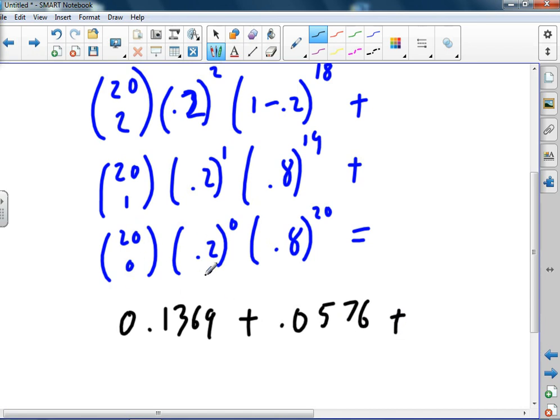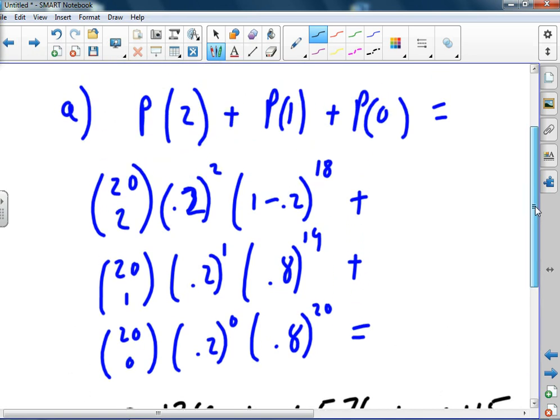Then 0.8 raised to the 20th, 0.0115. So 0.0115 plus 0.0576 plus 0.1369. Boom. 0.206. All right. Good enough?